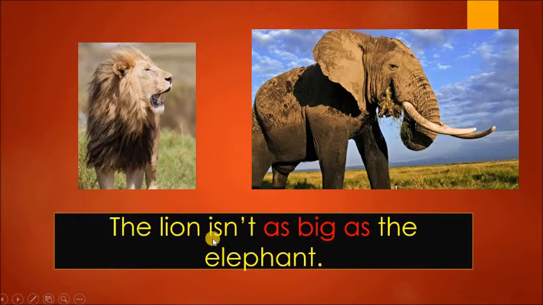The lion isn't as big as the elephant because there is a big difference. They are very different. So remember again, when you have a big difference or a difference, we use the negative form. Isn't. The lion isn't as big as the elephant.